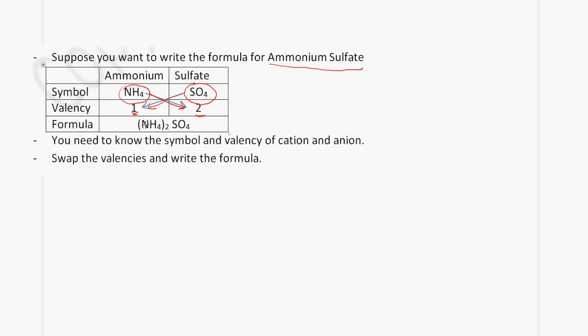If we look at it as the ammonium ion has a +1 charge and the sulfate has a -2 charge, therefore we require 2 ammonium ions. So that's why the formula is (NH4) taken twice SO4.